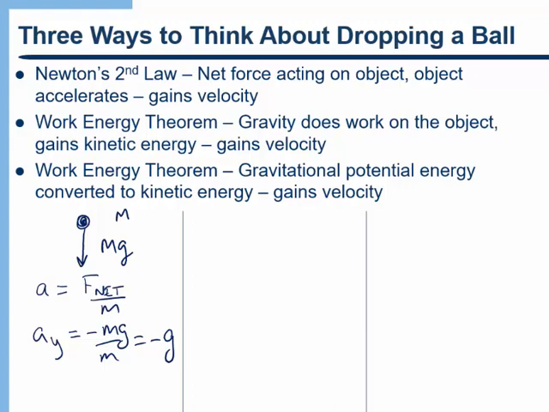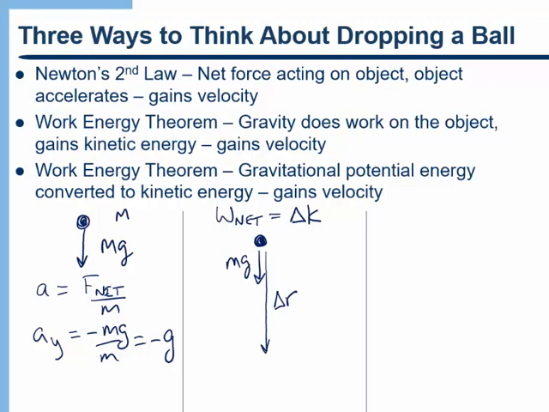Now let's take a look at how the work-energy theorem in our current form, W net equals delta K, would explain why the ball falls. What we would say is there is a force of gravity acting down on the object, and the reason the ball falls is because gravity does work on the object as it falls through a displacement delta r.